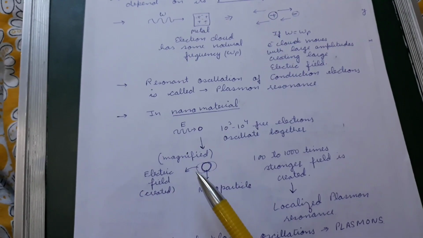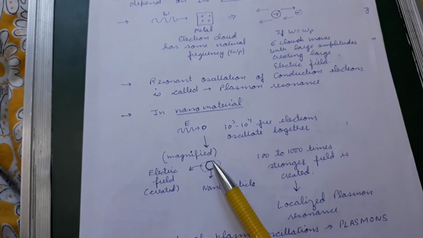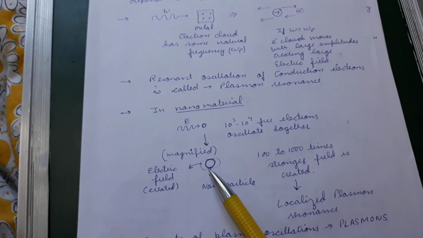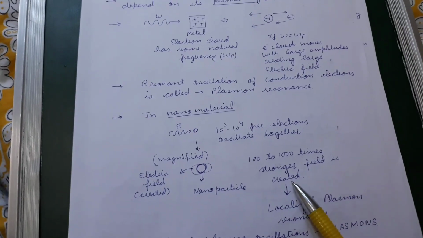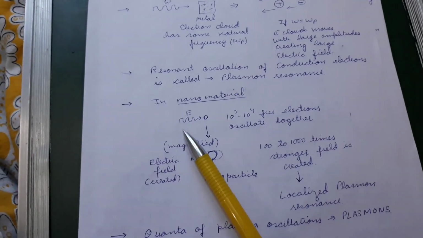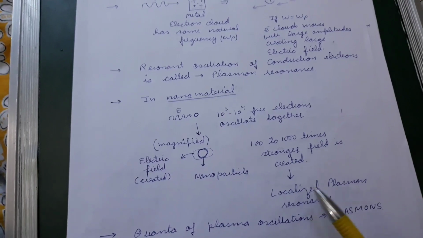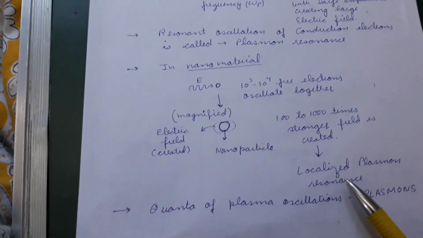Because this electric field is concentrated in a very small volume, it is around 100 to 1000 times stronger than the incident electric field. Such a resonance is called localized plasmon resonance, because here the electric field gets localized.